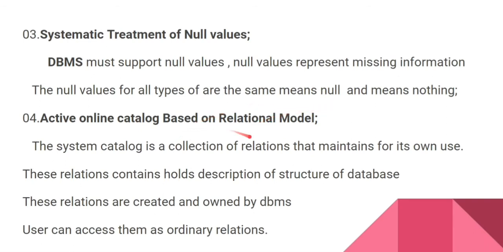Number four, the active online catalog based on the relational model. An active online catalog contains information about the data present in the table, and what the tables are about. If the table is about students, the catalog records that it is the student table. The system catalog is a collection of relations that the system maintains for its own use.